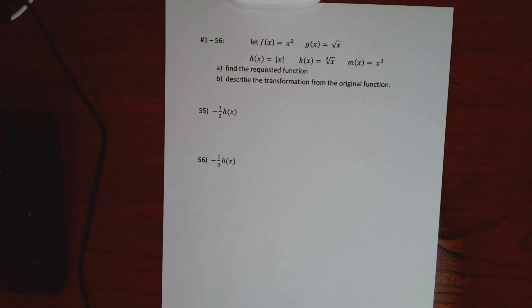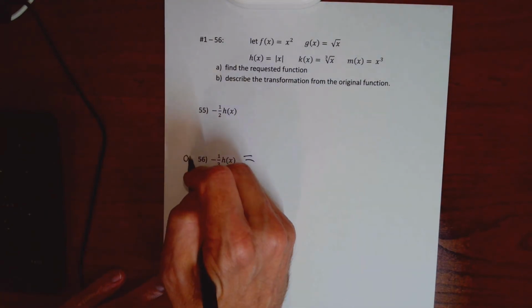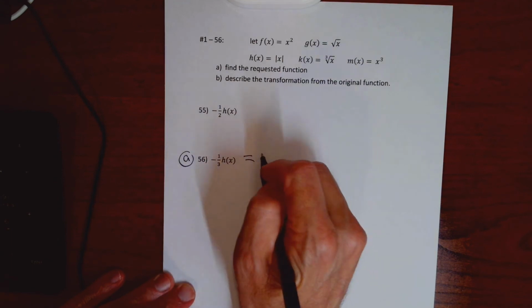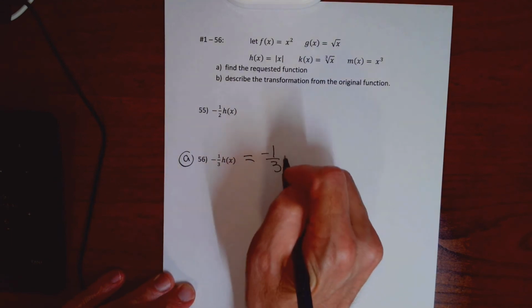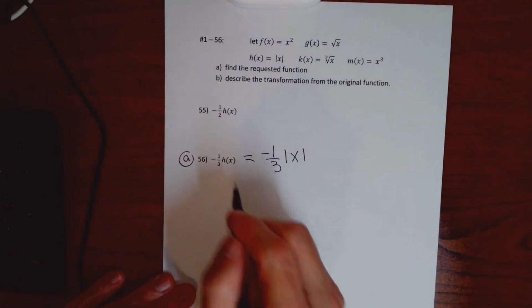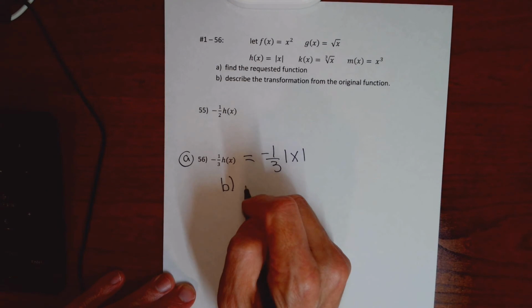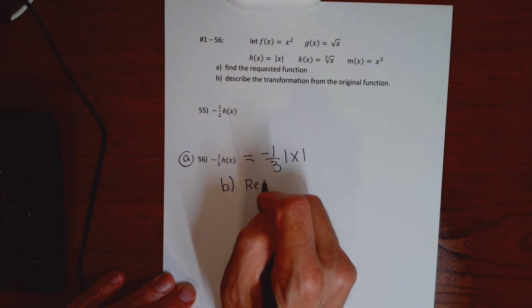56, calling out that same absolute value function. The part A, I'm just going to put the negative 1/3 in front of the absolute value symbol. That's finding the requested function that I needed to do. Part B, the negative reflects the graph over the x-axis.